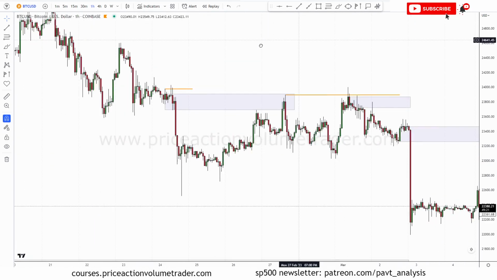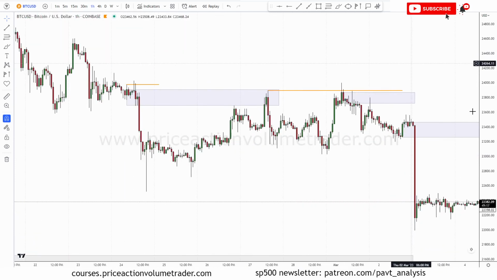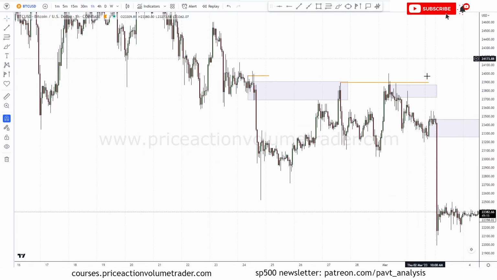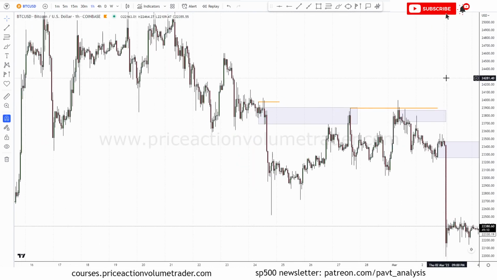And as a last example here, we have examples, but to the downside. You can see how market here is just chopping, compressing down. We have a clear area here of support.